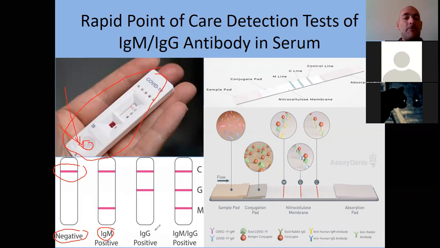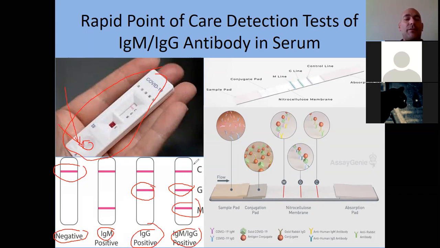And then if you have this middle band, that means it's IgG positive, yeah? Now, if you have the 2 bands, okay, that means it's IgM and IgG positive, right?